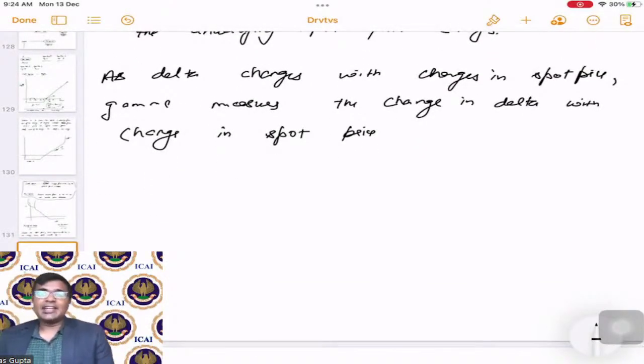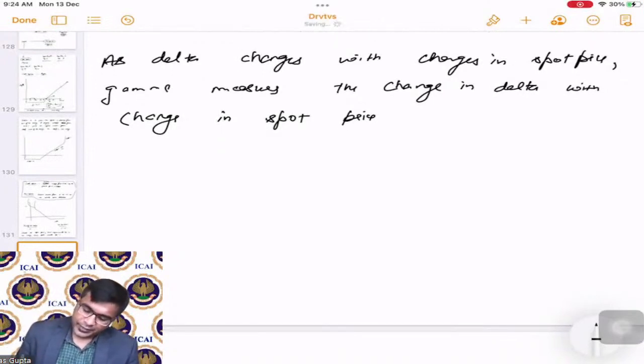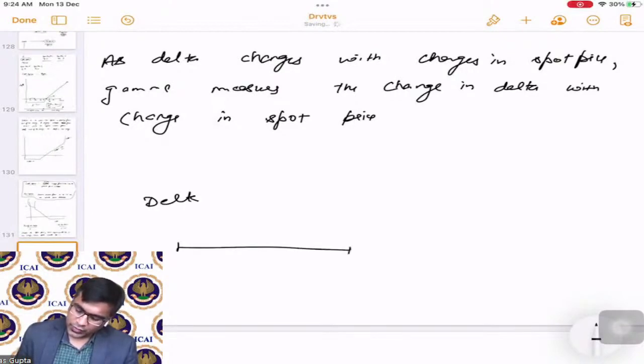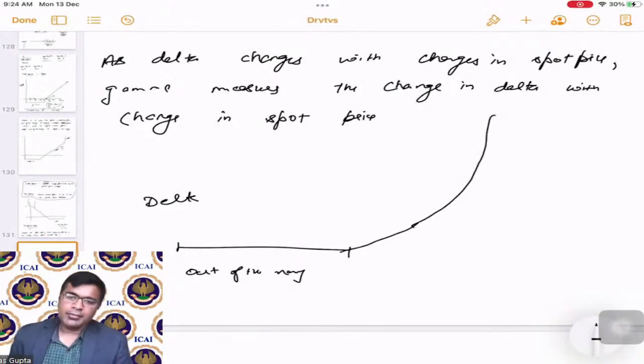Now, can anyone tell me where will be the gamma highest? See, the delta is actually 0. This is out of the money. Then it slowly, slightly rises, and then it becomes 1. Correct?